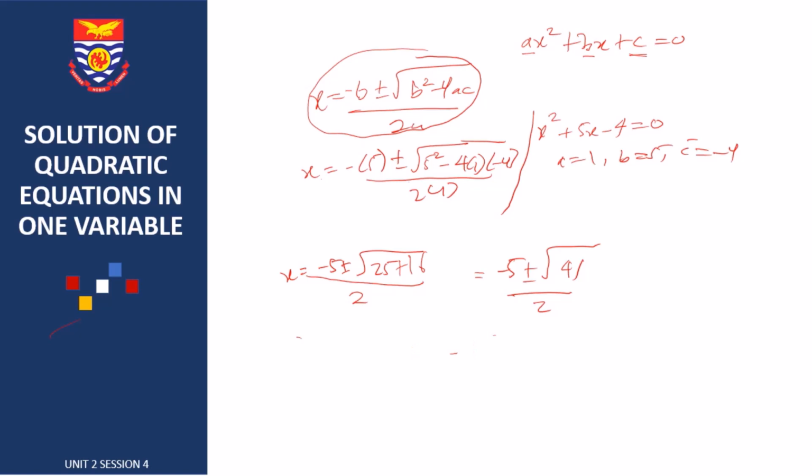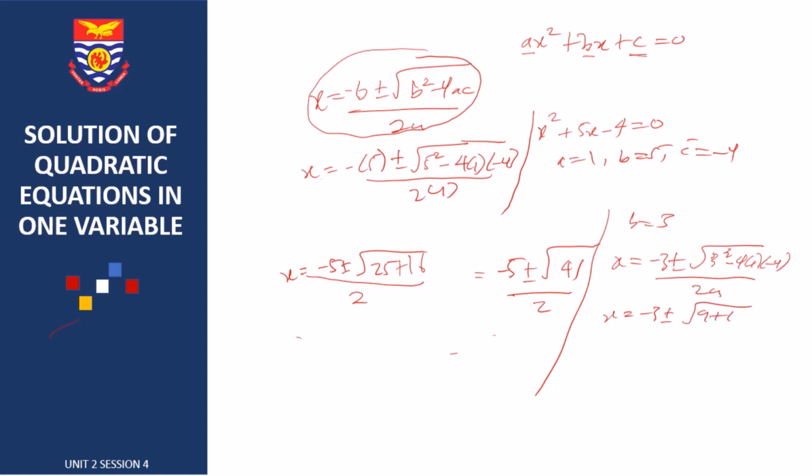So the first equation was, the b was 3, right? So I'll solve that one here. We ended up getting x is equal to minus 3 plus or minus the square root of 3 squared minus 4 times 1 times minus 4, over 2a. So x is equal to minus 3 plus or minus the square root of 9 plus 16, over 2.